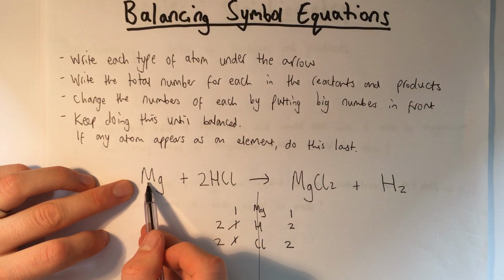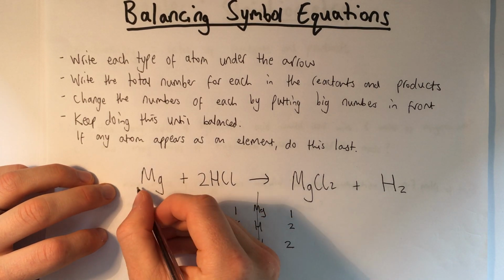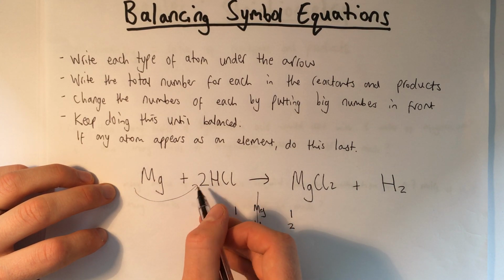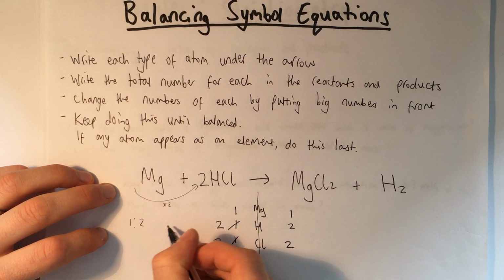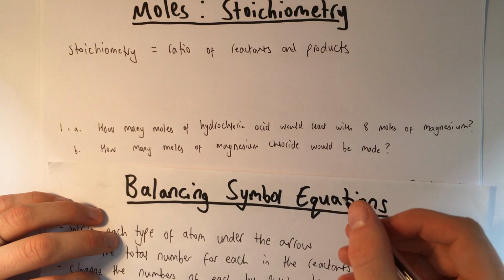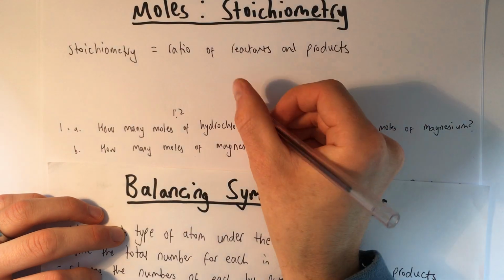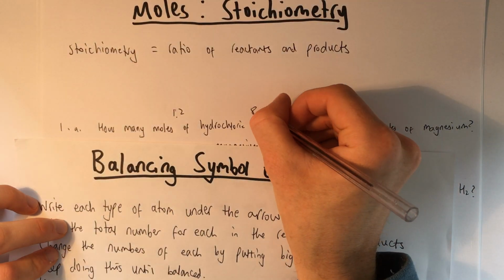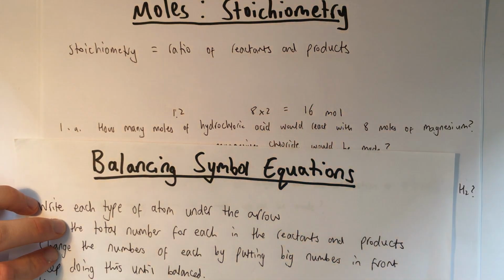If we've got 1 mole of magnesium, it would react with 2 moles of hydrochloric acid. So to get from the moles of magnesium to the moles of hydrochloric acid, we've got to times it by 2. It's a 1-to-2 ratio. So, therefore, because it's 1-to-2, if we had 8 moles of magnesium, we've got to times the 8 by 2, and it would react with 16 moles of hydrochloric acid.